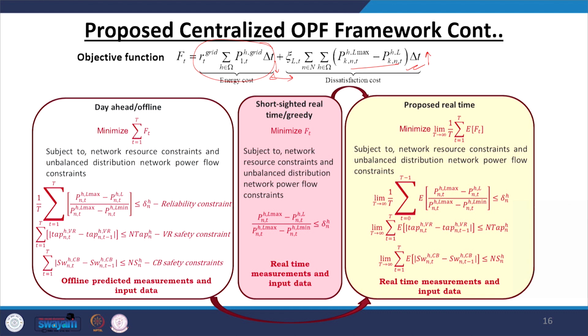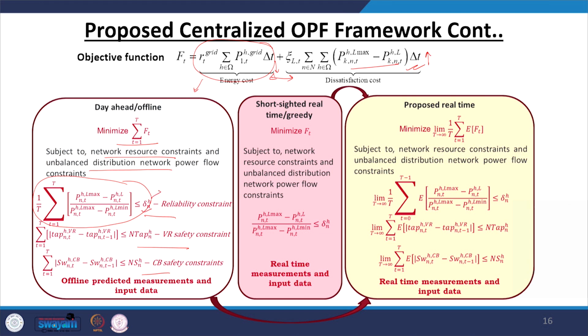If you formulate this problem as a day-ahead, offline, or time-coupled problem, then you can write it as the summation over T of Ft, subject to all the network resource constraints and the reliability constraints. What are these reliability constraints? The total average load shedding should not be more than a certain limit.